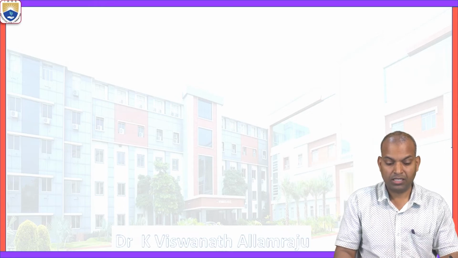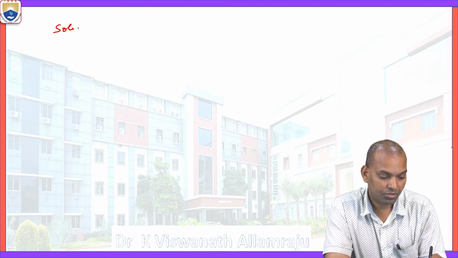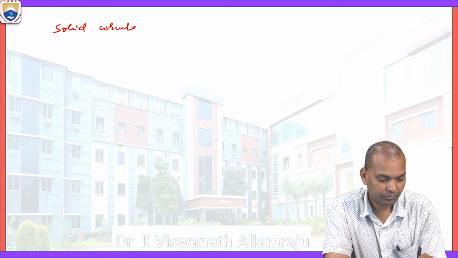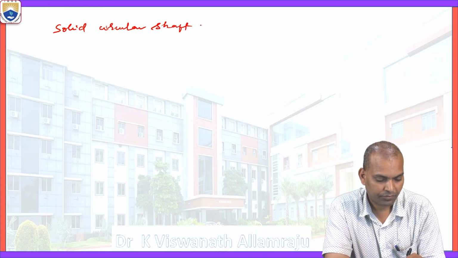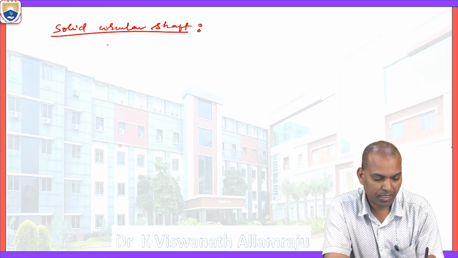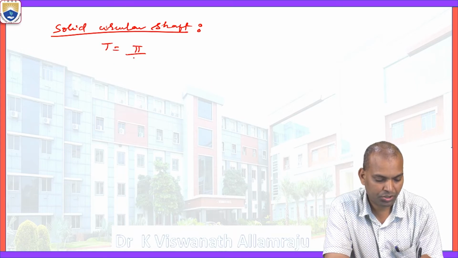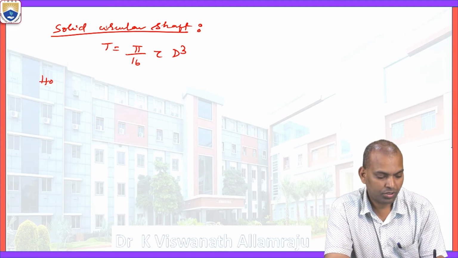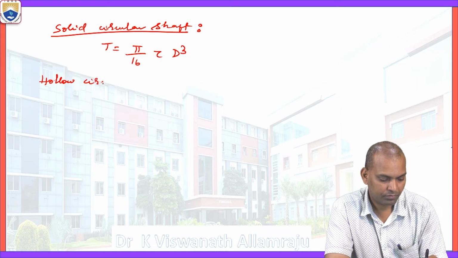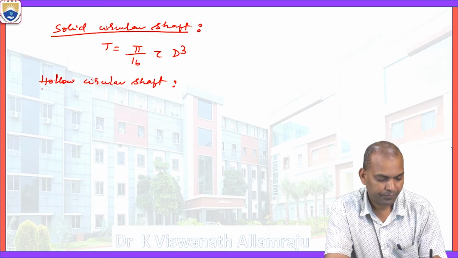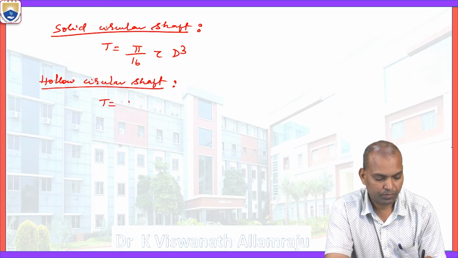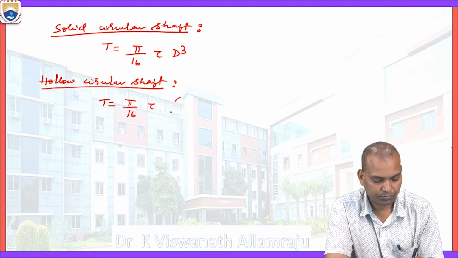For a solid circular shaft, the maximum torque equals pi by 16 times tau d cube. For a hollow circular shaft, torque T equals pi by 16 times tau times (d naught power 4 minus di power 4) by d naught.